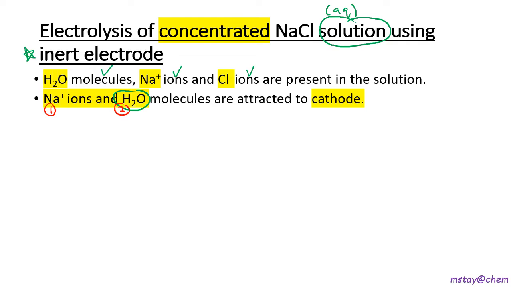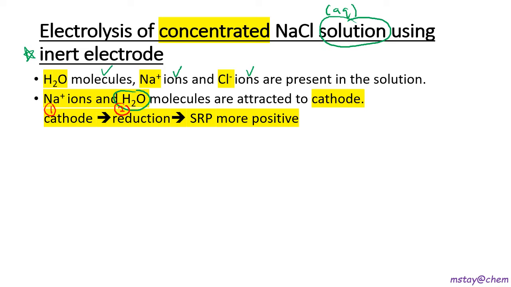Okay, so now we are going to write down the half equation. As we know again, the reduction will happen at the cathode, and the species with the more positive SRP value will be selected. Now we look at the half equations. This is the SRP value for sodium, negative 2.71 volt. And then we need to look for another half equation which involves water.